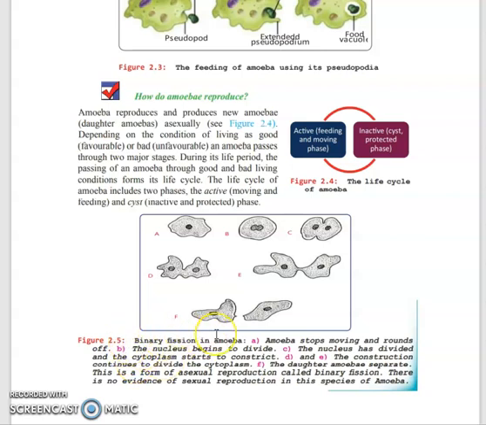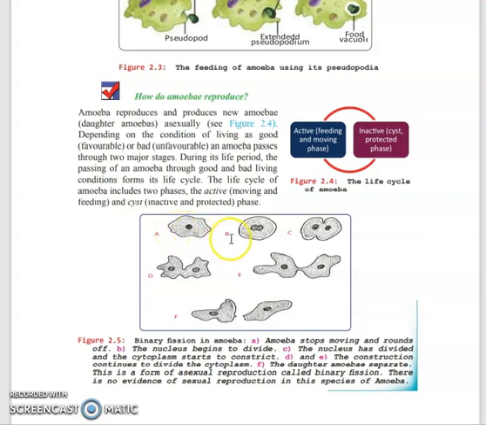Binary fission in amoeba. The reproduction of amoeba is called binary fission. So what happens in binary fission? First, the amoeba stops moving and rounds off, so it doesn't move.